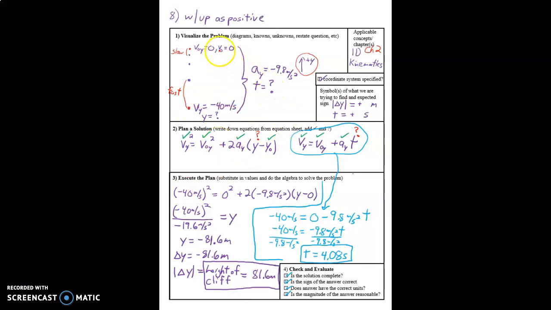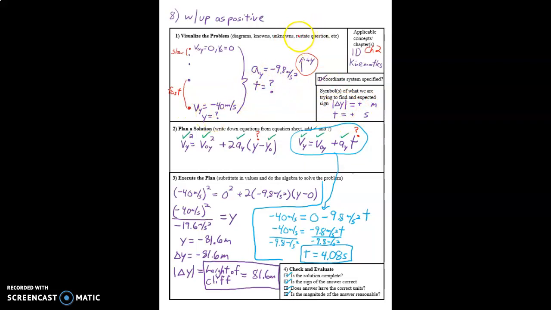Okay, now we've done a good job visualizing the problem. We have our diagram. It's a motion diagram. We've identified what the knowns are, and we've even put them on the diagram next to where that part of the diagram is. So our initial states are here, our final conditions relate to that dot down there. We've put our unknowns over here and on the diagram itself.